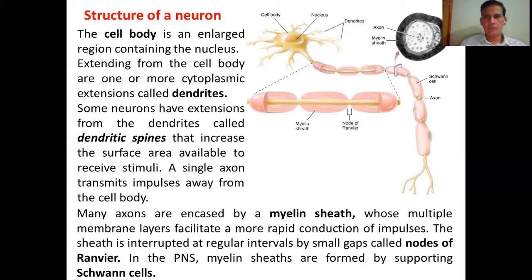If we look into a little bit more detail, we can have intervals or interruptions between the myelin sheath, these gaps which are known as the nodes of Ranvier. In the peripheral nervous system, the myelin sheath is formed by the Schwann cells. If we take the transverse section of the area where the myelin sheath is present, it appears as if the axon is inside and outside we have a dark myelin sheath.